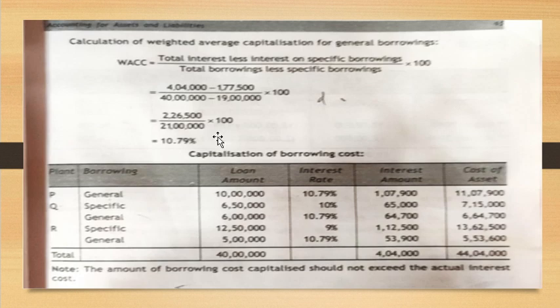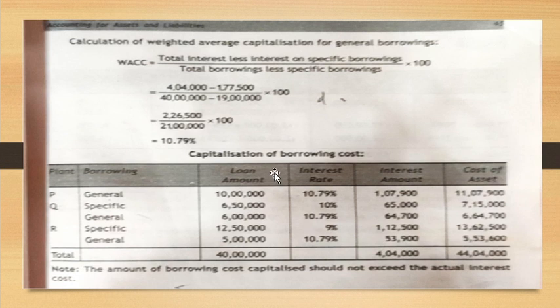So 40 lakh minus 19 lakh, into 100, will give you the numerator 2,26,500 and the denominator 21 lakh, into 100, which gives the weighted average capitalization cost rate of 10.79 percent. So this is the percentage at which you can capitalize your general borrowing cost.